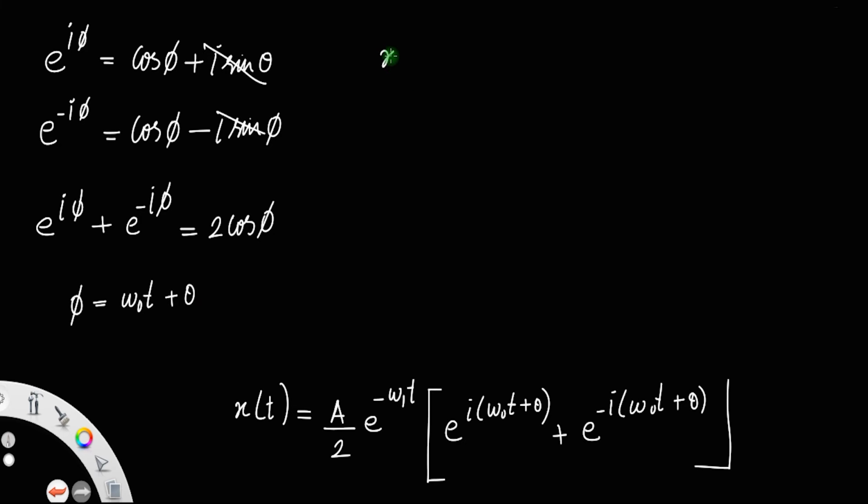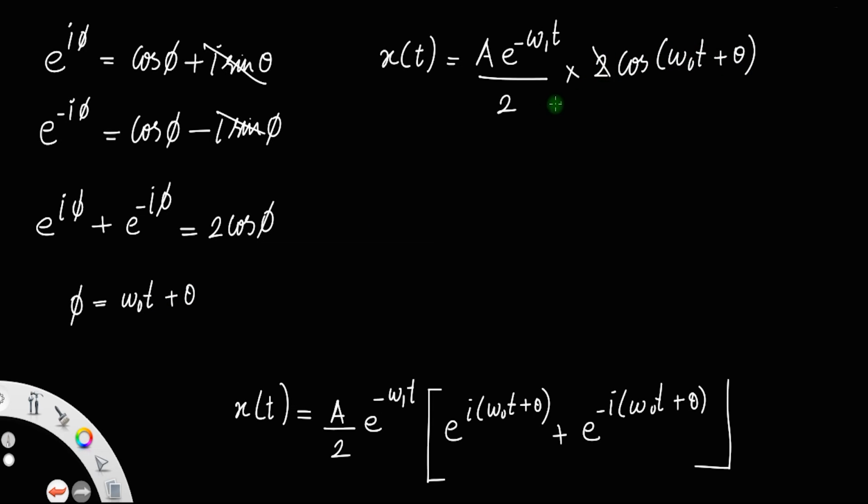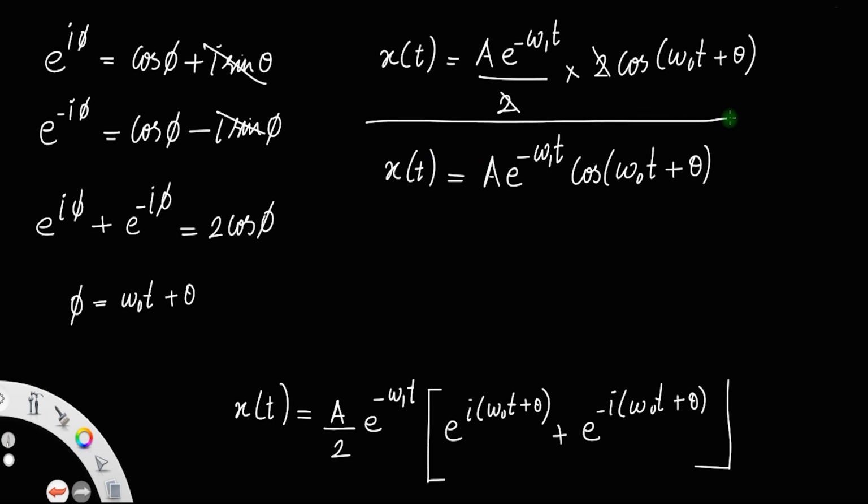So x of t will be a e raised to minus omega 1 t by 2 into 2 cos phi, where phi is omega 0 t plus theta. You can cancel the 2 and 2. So the expression for the displacement after time t is equal to a e raised to minus omega 1 t cos (omega 0 t plus theta). Clear?